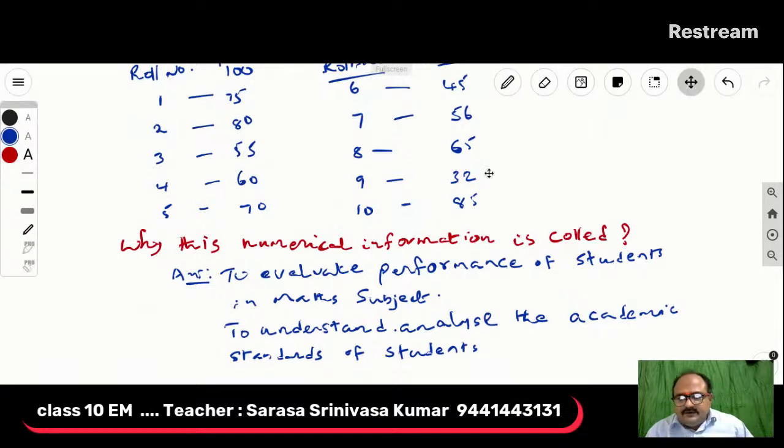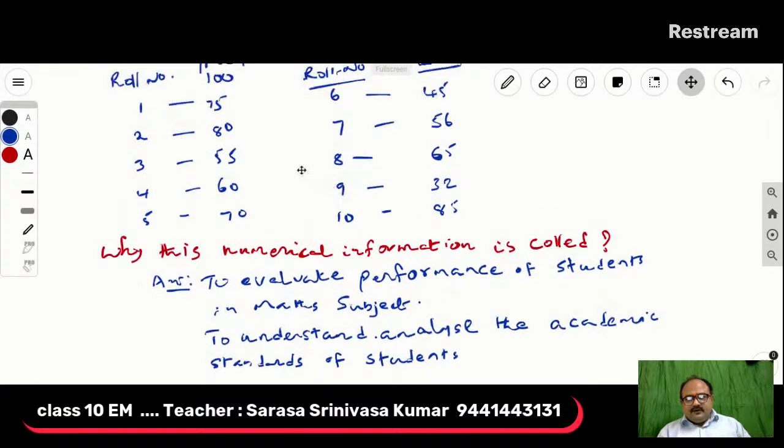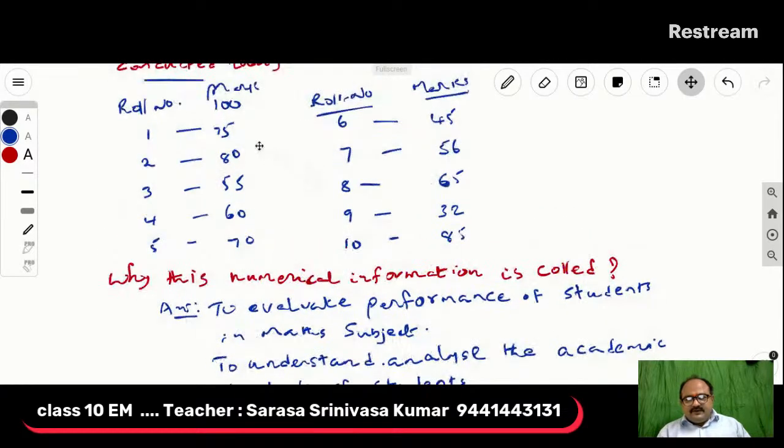So if any information is collected with a particular purpose, if it has an objective, then this information is numerical, that is, the marks are expressed in terms of numbers.